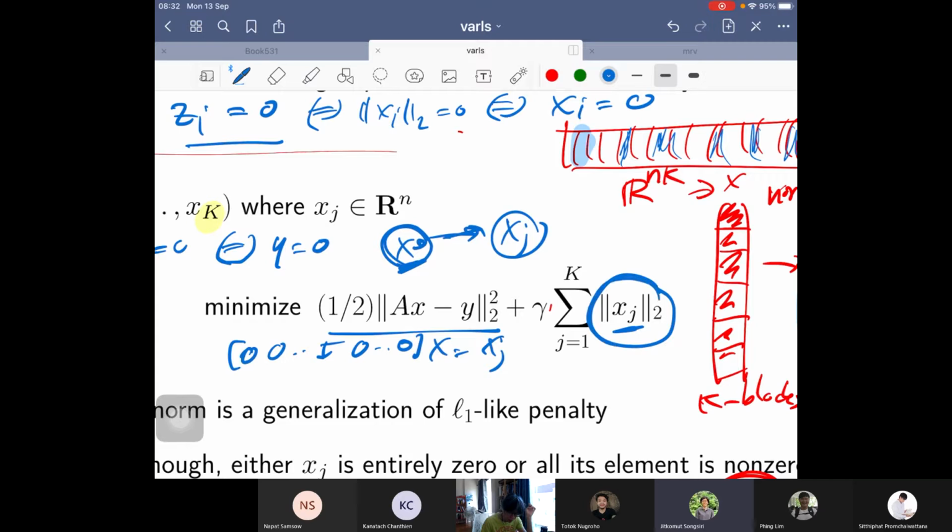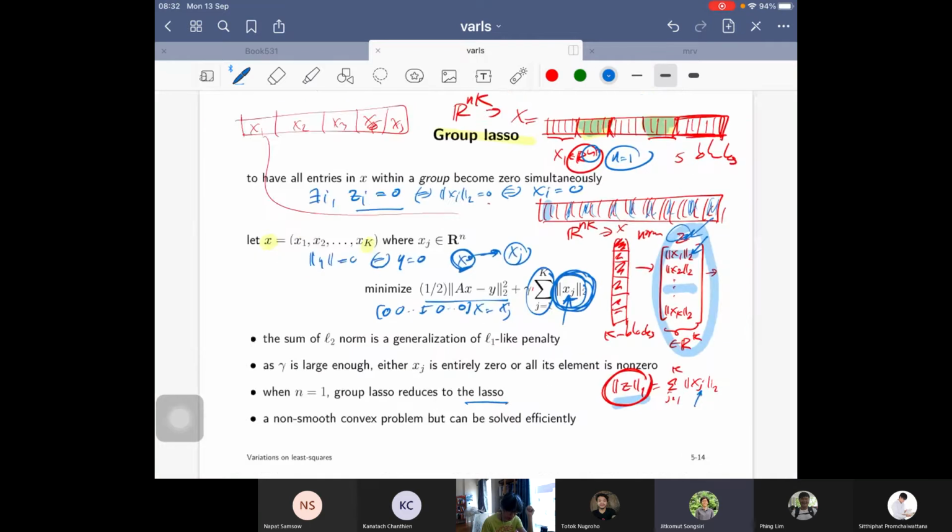And the composition of any convex function with an affine map is also a convex function. So that's why this term is convex. And then we use the property that the sum of convex functions is convex. So that's why the whole thing is convex.